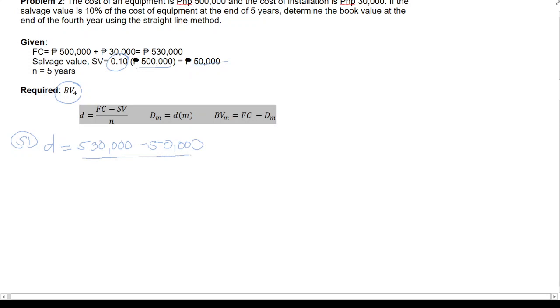Then divided by the useful life, 5 years. The uniform depreciation is equal to 96,000.